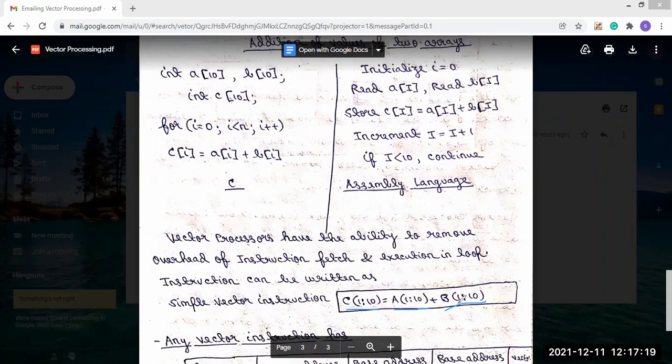The B array has size 10, and the addition of these two is stored into the C array, which is also of size 10. With this simple single instruction we are able to execute everything that the total code was executing.